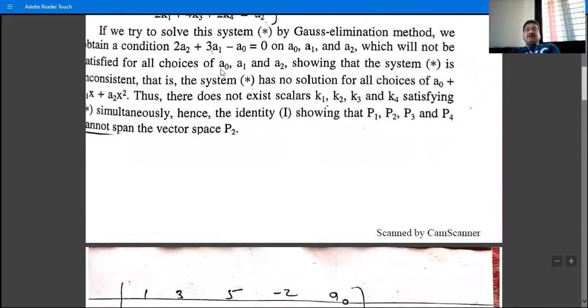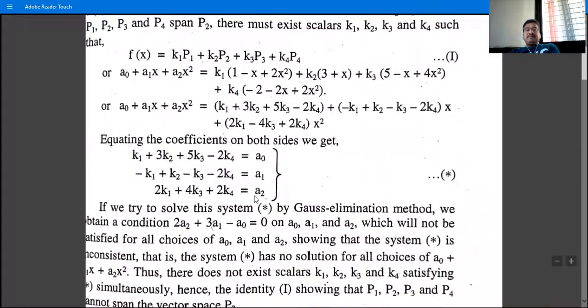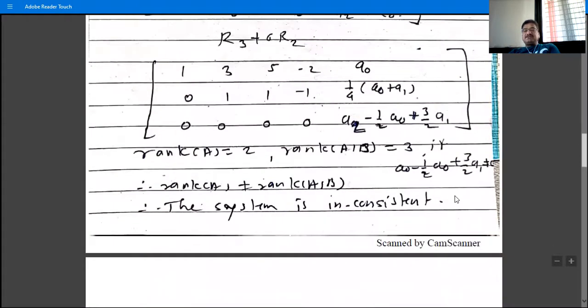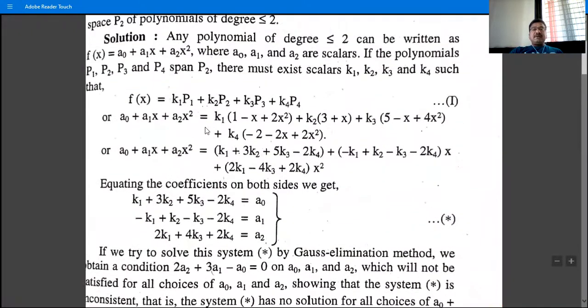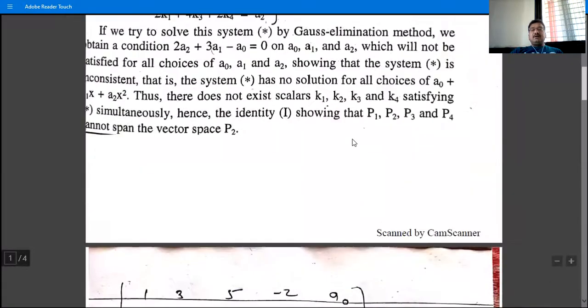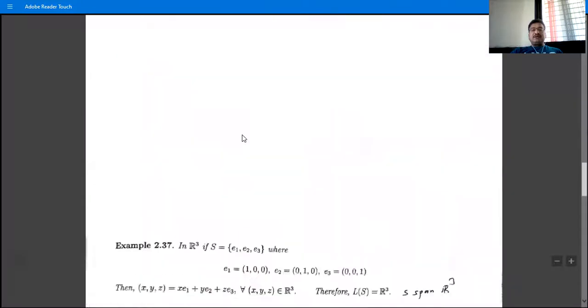So after this step, the augmented matrix is reduced to echelon form. We say the system is inconsistent, which means f(x) is not a linear combination of p1, p2, p3, p4, and therefore p1, p2, p3, p4 cannot span the vector space P2. So this is the procedure to obtain the answer.